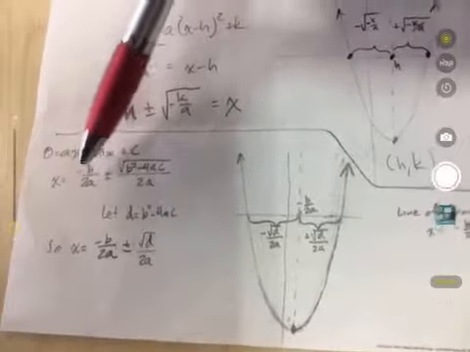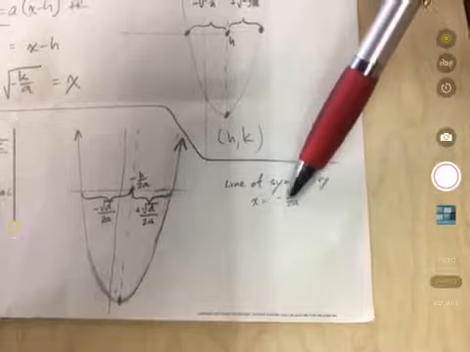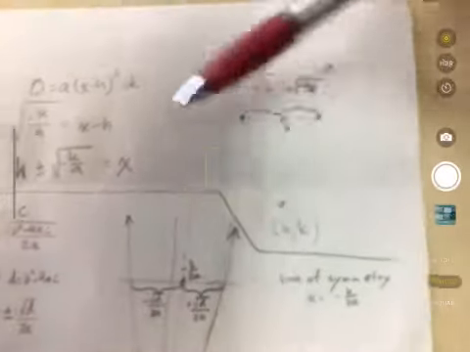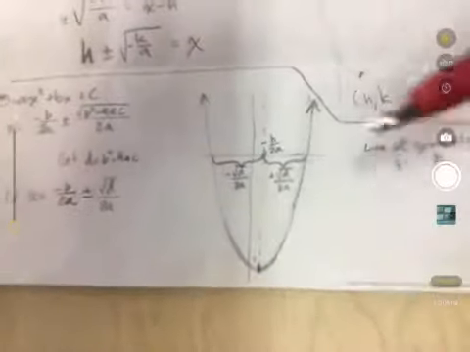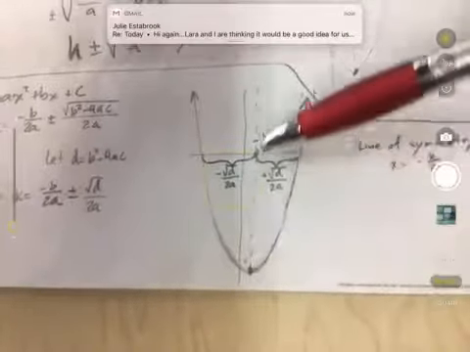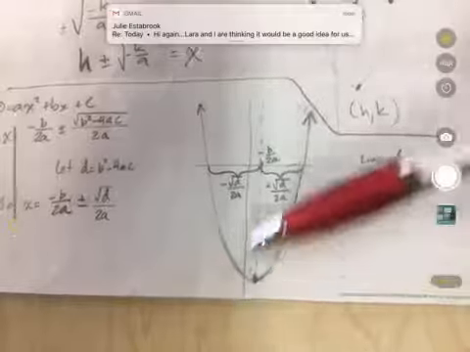The reason I'm doing that is because, as we've learned earlier, the line of symmetry for a parabola is this negative b over 2a, just like it was h in the vertex form. In standard form, we're using different numbers now to come up with the same value, which is negative b over 2a. There's the vertex, and there's the line of symmetry for the parabola.